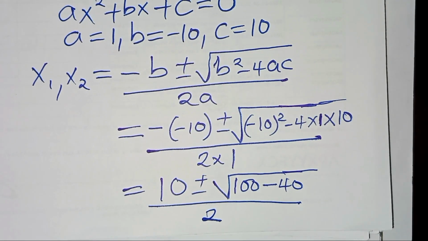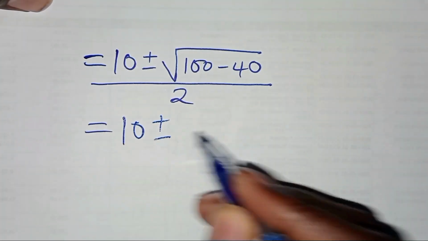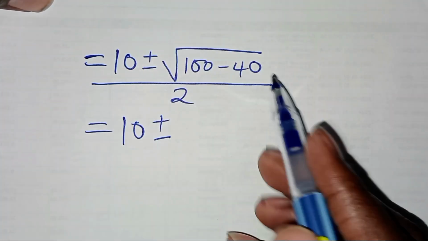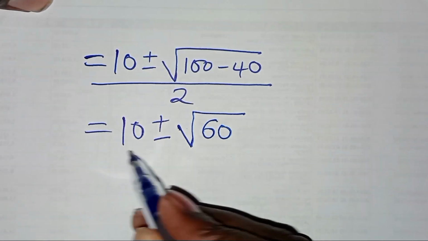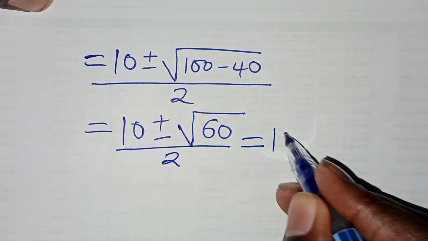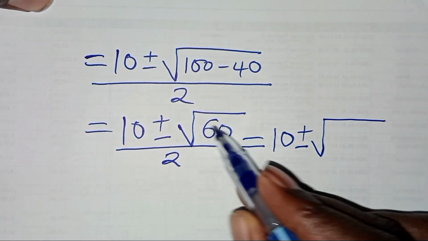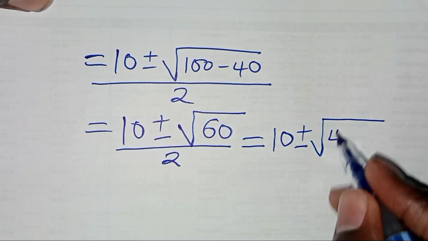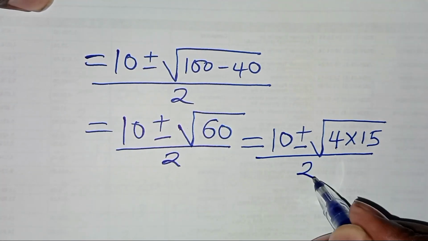So let's proceed from here. This is 10 plus or minus the square root of 100 minus 40, which is the square root of 60, divided by 2. Now we can express the square root of 60 as the square root of 4 times 15, divided by 2.